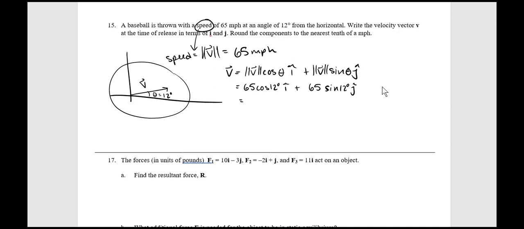I get, to the nearest tenth, as asked, 63.6 miles per hour in the i direction, plus 13.5 roughly in the j direction. And we did round these values, but you could check that the magnitude of this vector should be 65 at the end of the day.